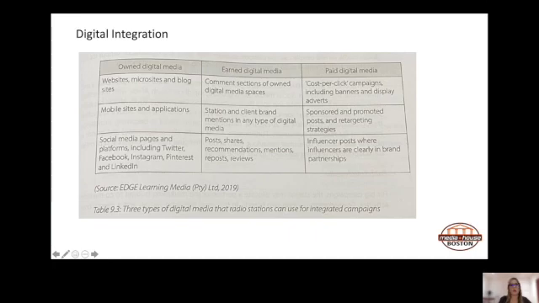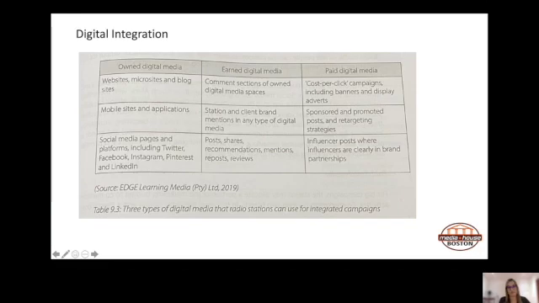So when it comes to owned digital media, that will be a radio station's own website, their own microsites and blog sites, their own mobile sites and a mobile app if they have one, their own social media pages and platforms, including Twitter, Facebook, Instagram, Pinterest, and LinkedIn.